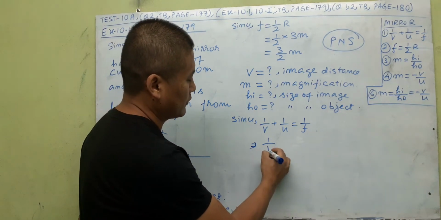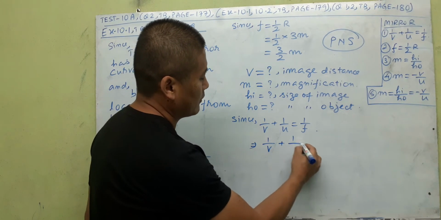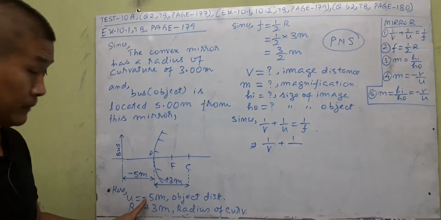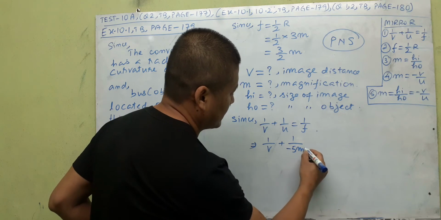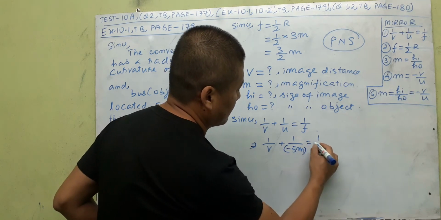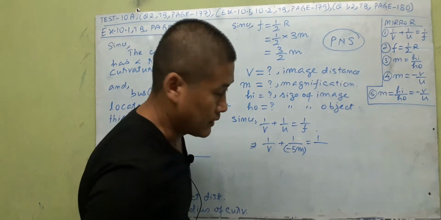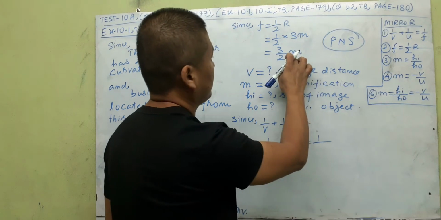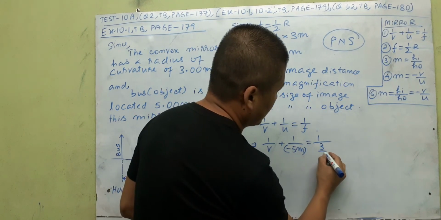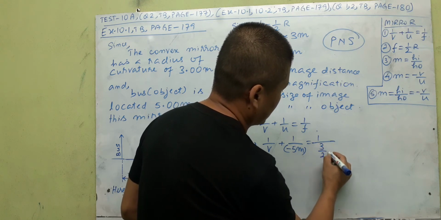So 1 by V we don't know, plus 1 by U, do slowly, minus 5. So let us just put here minus 5 meter. If you want, you can put a bracket, equals 1 by F, where F is 3 divided by 2. This main line should be longer.